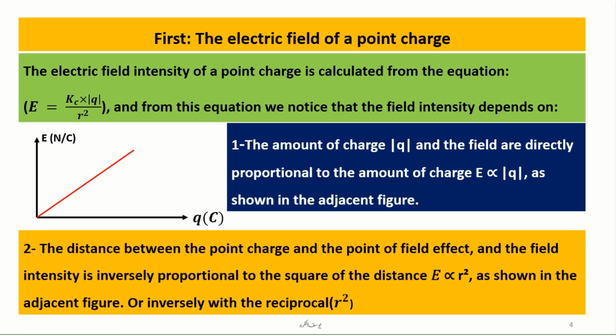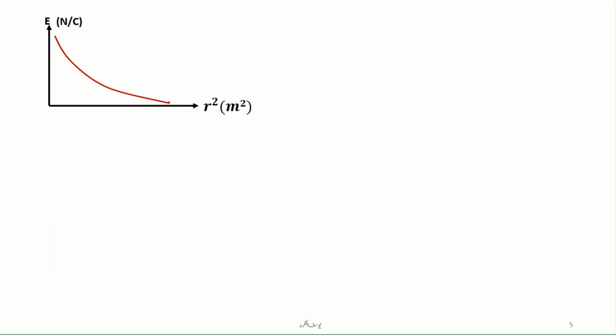Number 2, the distance between the point charge and the point of field effect. The field intensity is inversely proportional to the square of the distance, E is inversely proportional to R square, as shown in the figure, or proportional to the reciprocal of R square, like this figure.